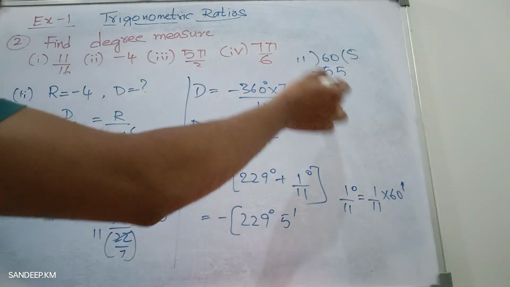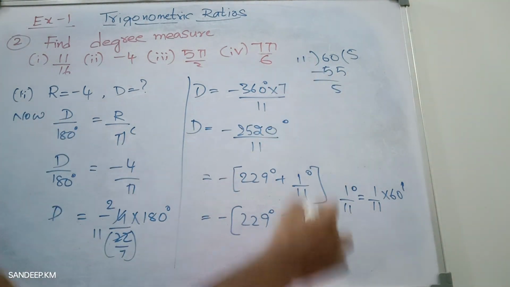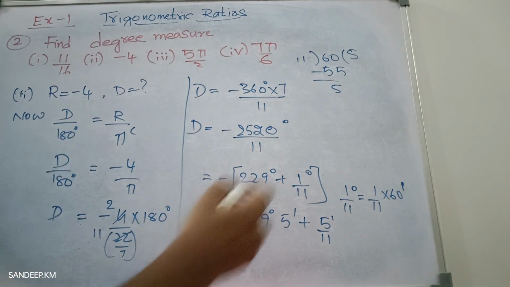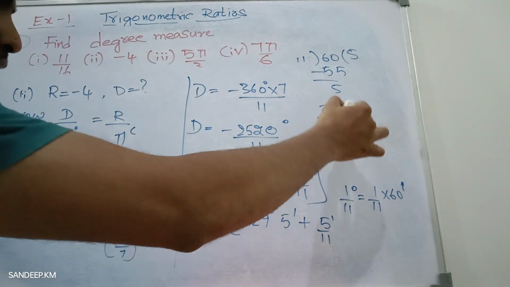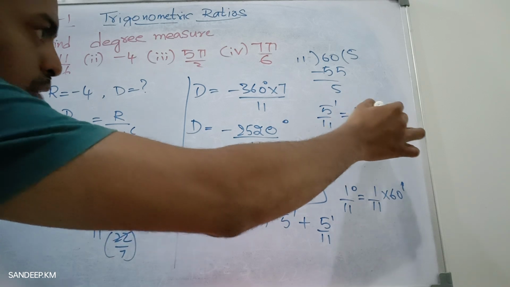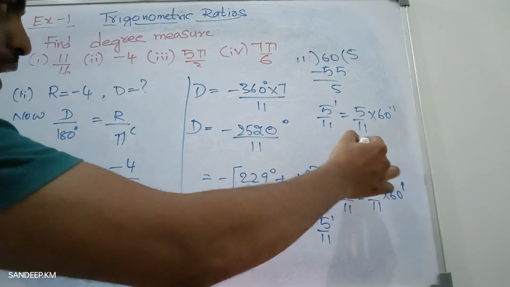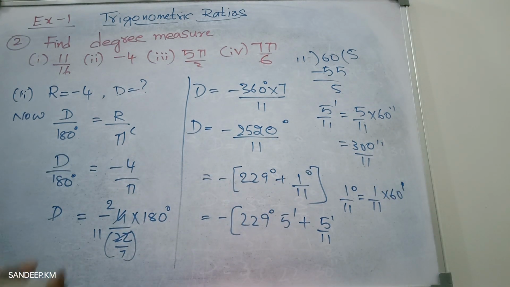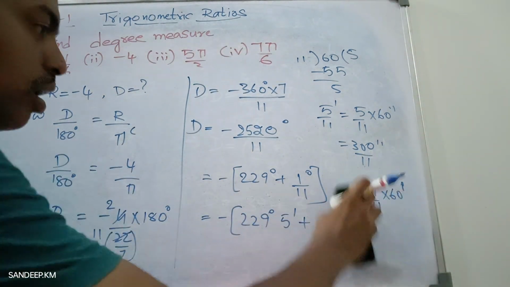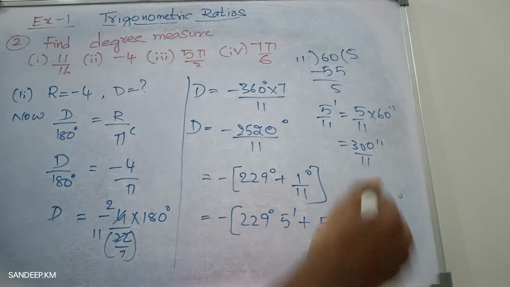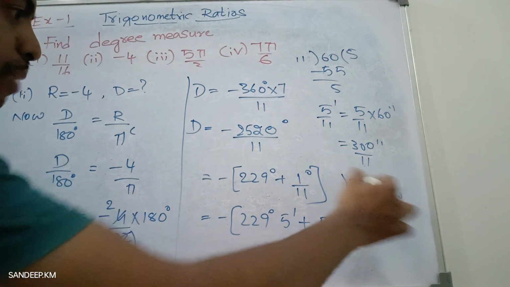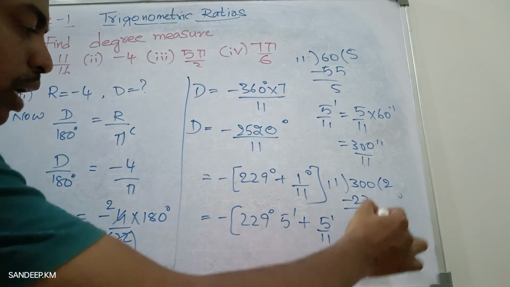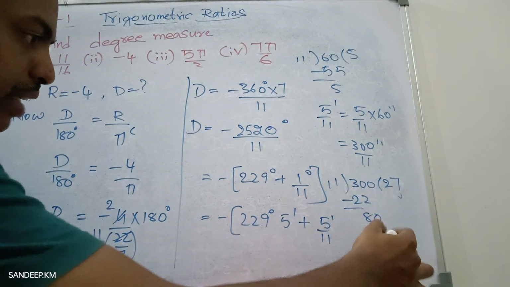And along with that, plus 5 by 11 minutes. Again we have to convert 5 by 11 minutes into seconds. So 5 by 11 minutes is equal to 5 by 11 into 60 seconds. So you'll get 300 by 11 seconds. Let us divide 300 by 11 and see what we get. 11 2s are 22, 11 7s are 77.